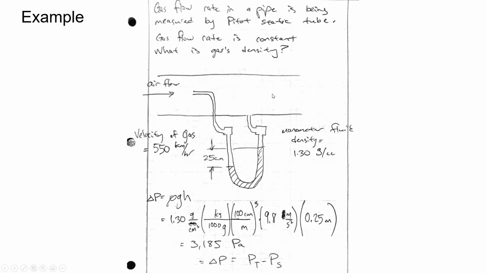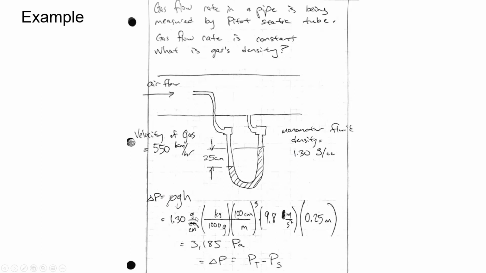We want to know this density. Like I said, the first thing we need to do is go back and use our equation for the U-tube manometer to determine that change in pressure between P1 and P2. We know the density, we know the height change, that fluid column. So we can just use this equation.